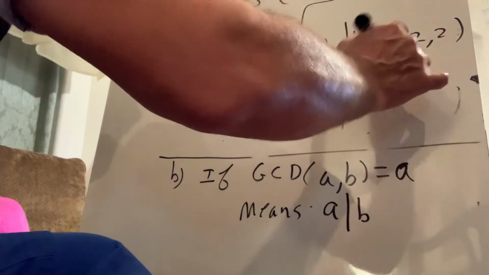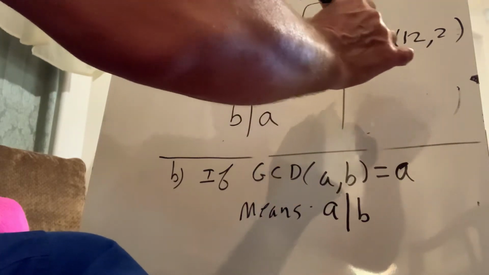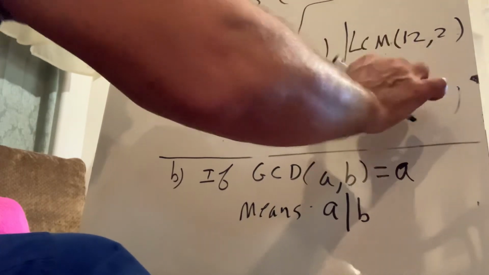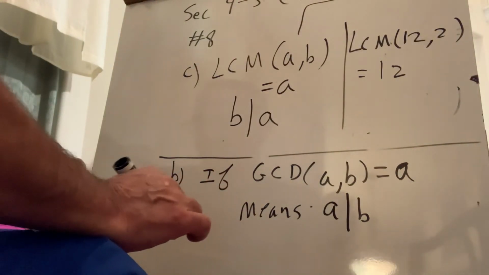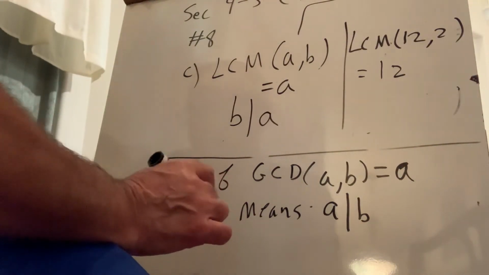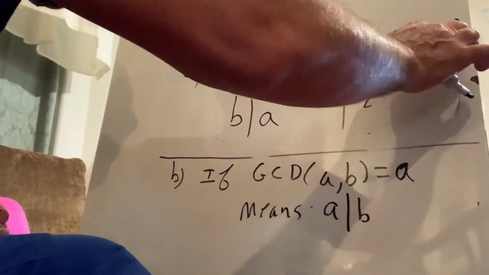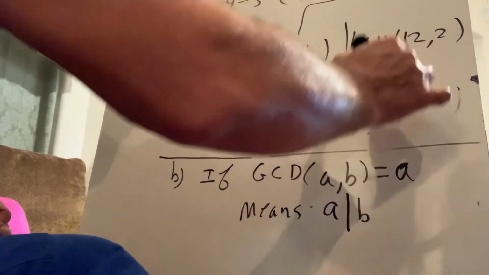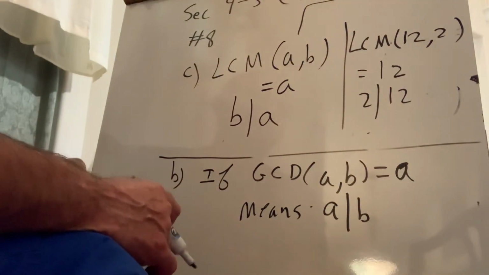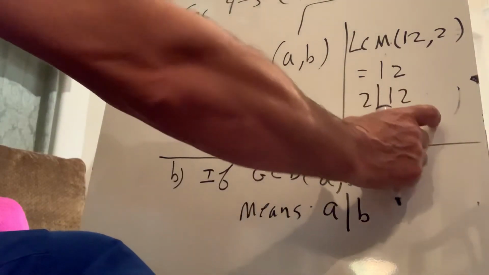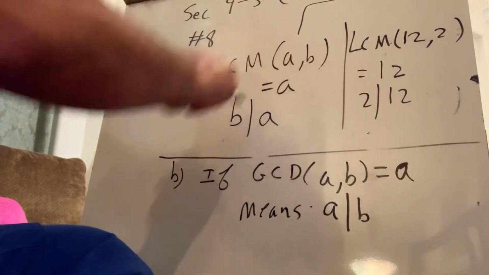So in this case, the LCM would be 12, because that's the smallest number that both divide. What does that mean? That the number 2 must divide 12. Otherwise, 12 would not be their least common multiple. So this is a number example of this phenomenon.